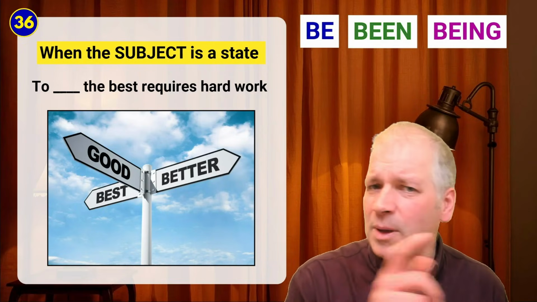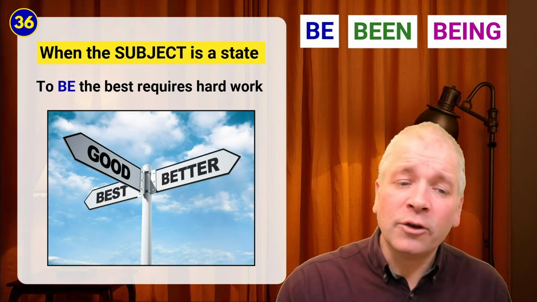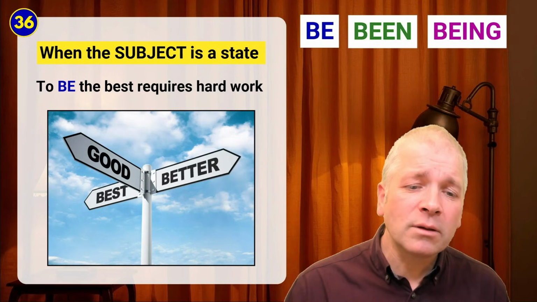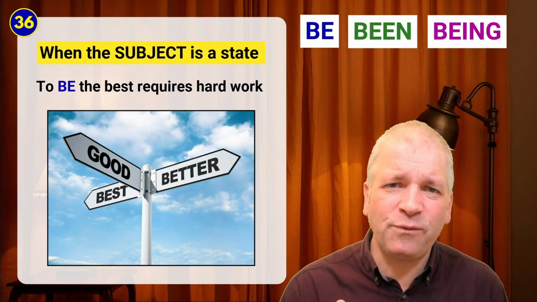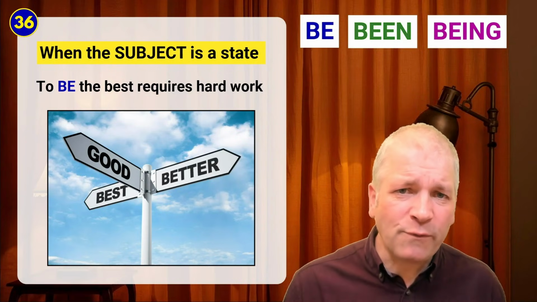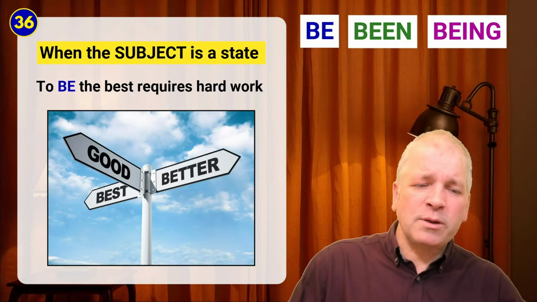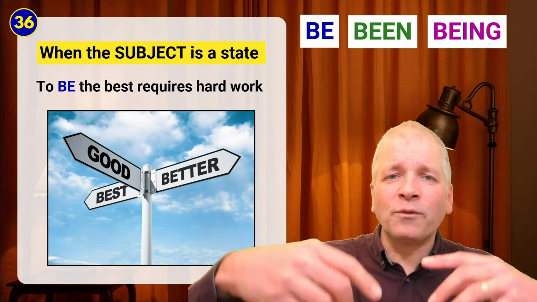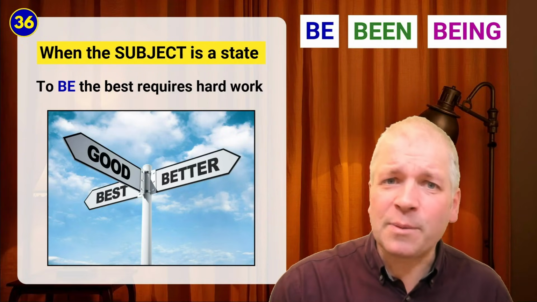The subject is the bit before. How do we fill the gap? Well, it's with be. To be the best requires hard work. So here we have an infinitive phrase that forms the subject of the sentence. And because we're focusing on the state of the best, we use to be at the beginning.